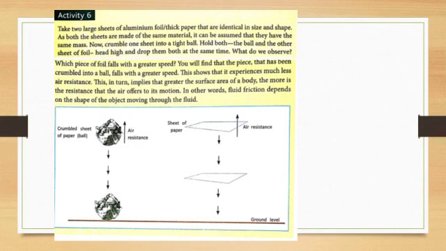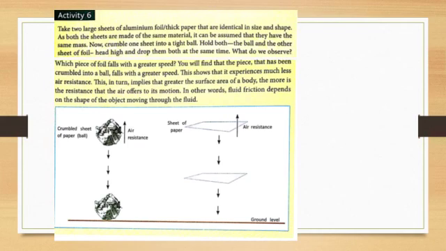So for this activity, what we have to do is take two large sheets of aluminum foil of the same material and same size. Next, we have to crumple one sheet into a tight ball. Look at the figure given on your screen.